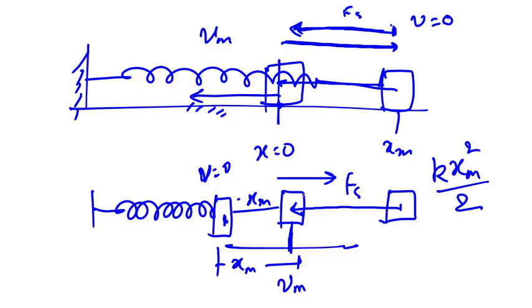Then the entire potential energy gives rise to kinetic energy. It is moving here with the maximum velocity possible in its entire journey. So we can say at this point, let's move to the next slide.